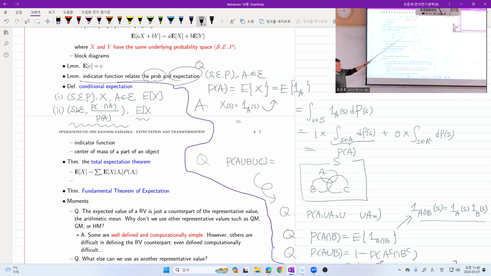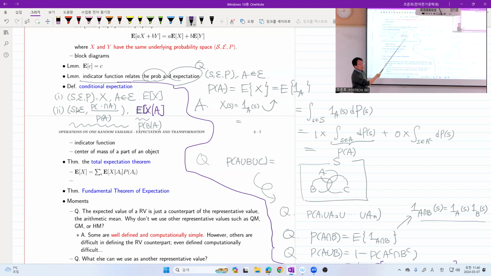What people have invented is this: why don't we use a notation like the expectation of random variable X conditioned on the occurrence of the event A, which makes sense.